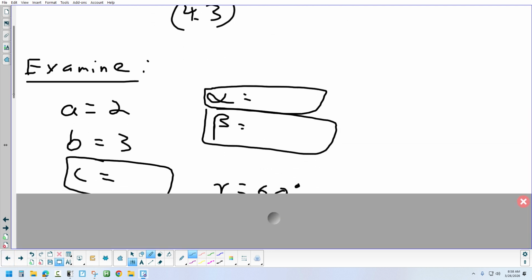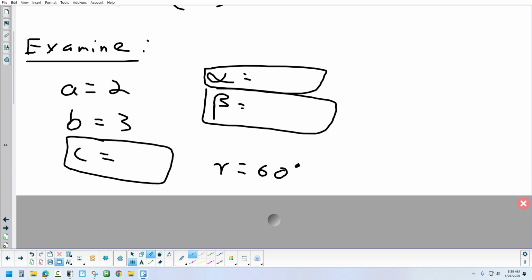So we're not going to solve this right away. This is going to be our first example, but I just want to take a look at it and see what would happen if we tried to use law of sines. When we use law of sines, how many rows of the table do you need to use? Two. You always have to pick two rows.